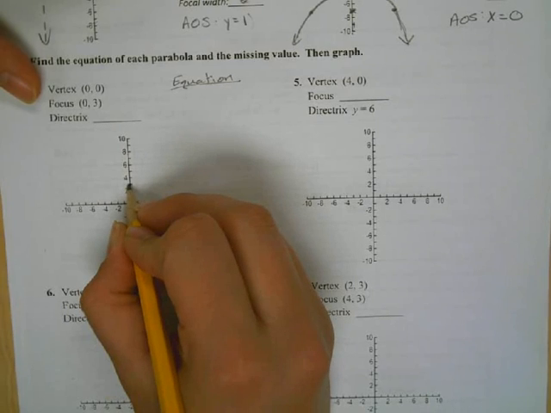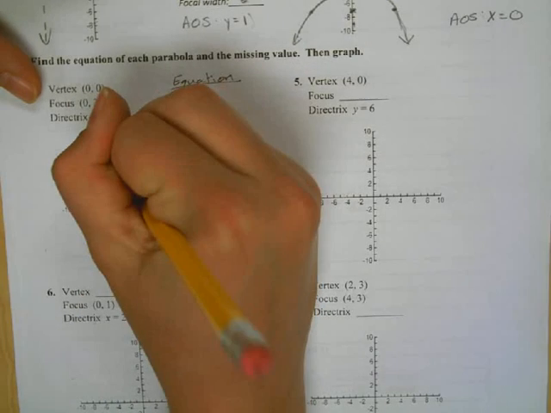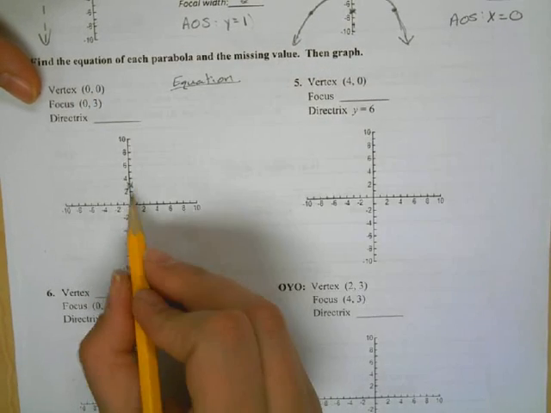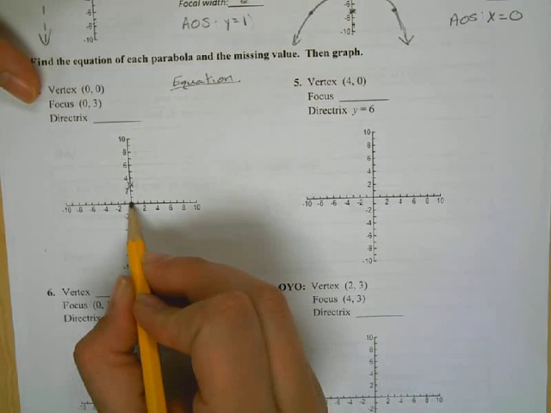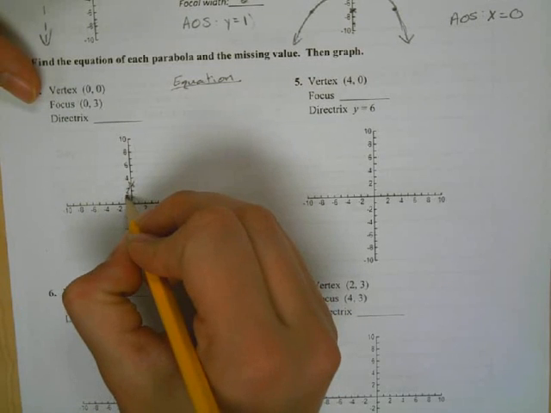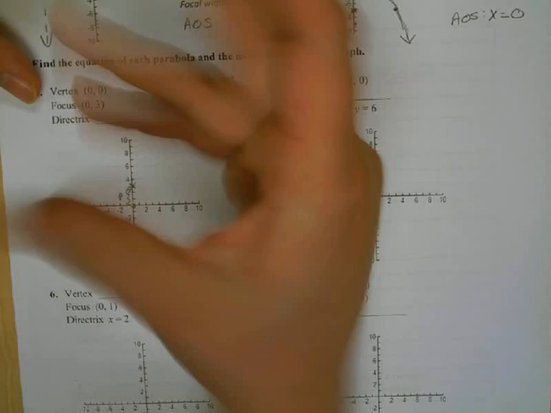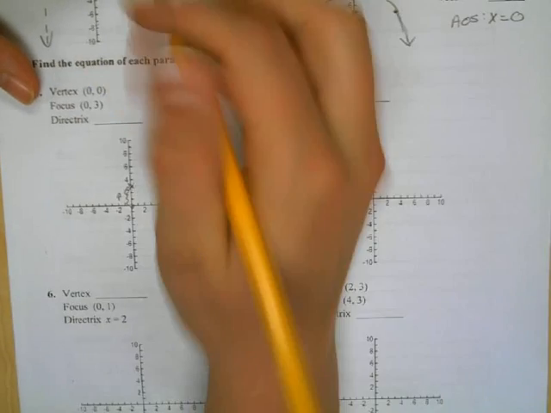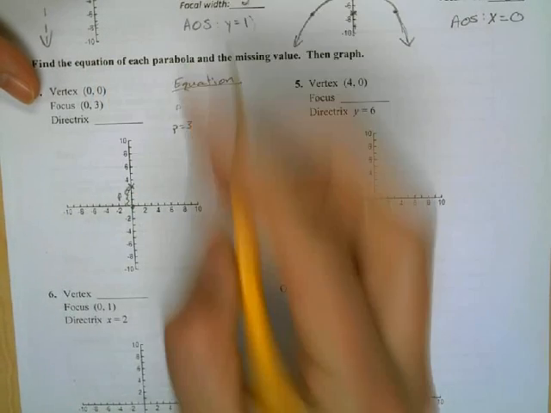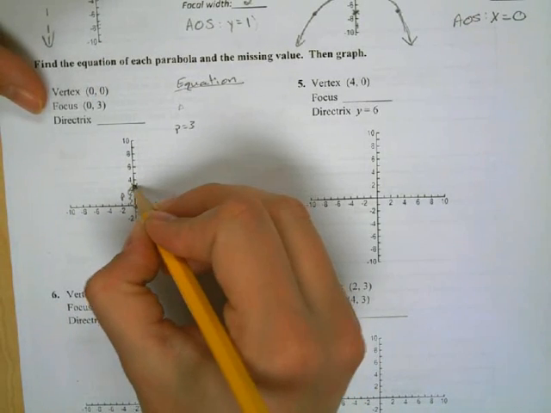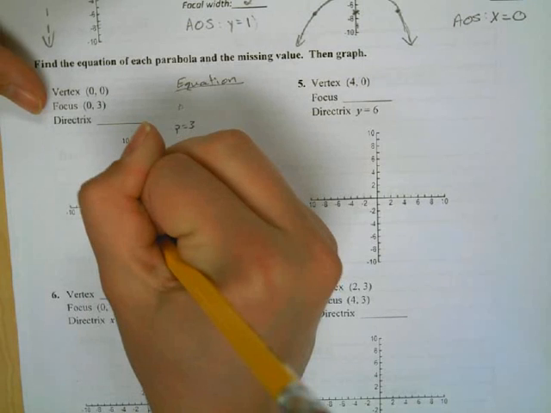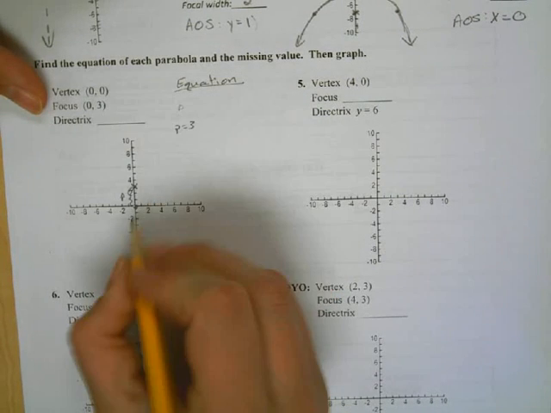So when x is 0, y is 3. If this is my focus, and this is my vertex, well, that makes this distance p. So p equals 3. Well, that also means that if I went up 3 to get to the focus, I must go down 3 to get my directrix.